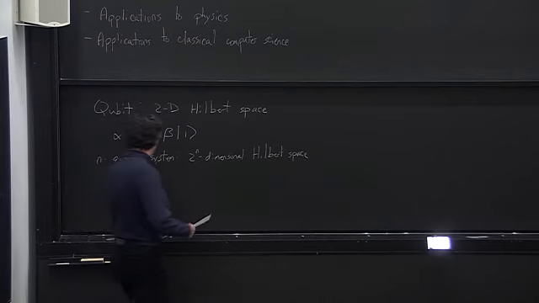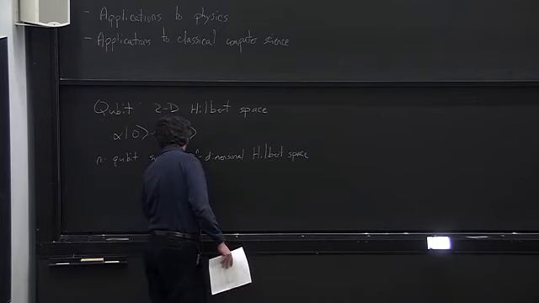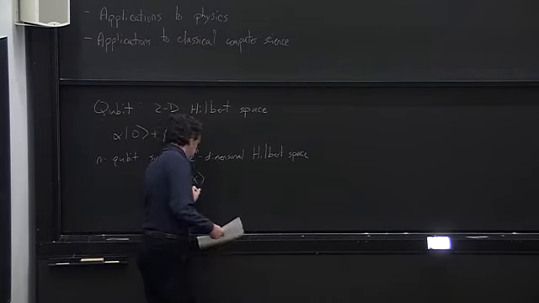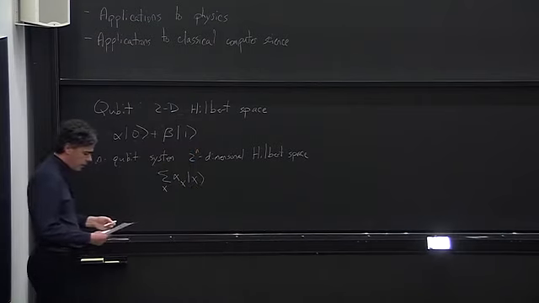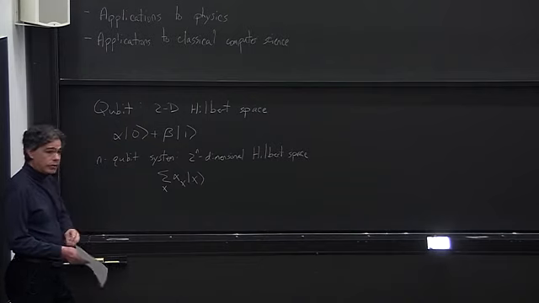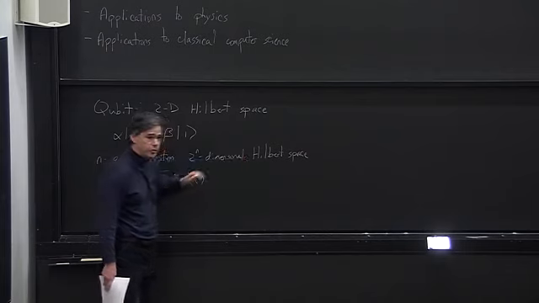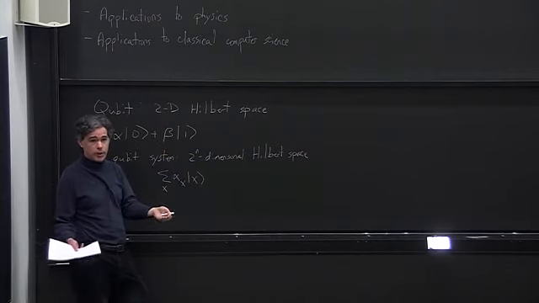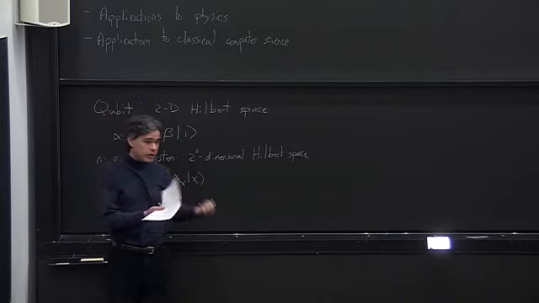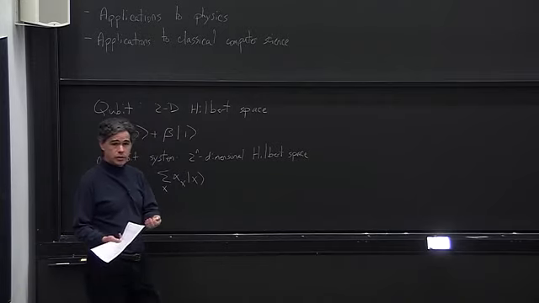And so the most general state we can get there is the sum over x of alpha x times ket x. But it's also important that we derive this Hilbert space as a tensor product of 2-dimensional Hilbert spaces. That decomposition into qubits is really important.